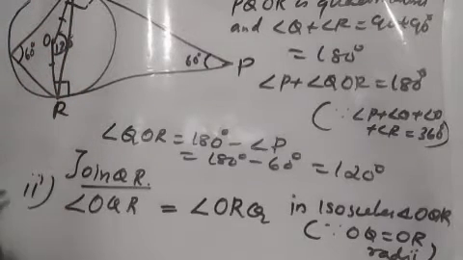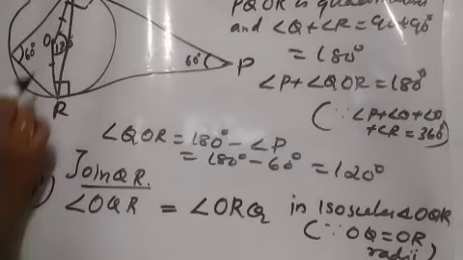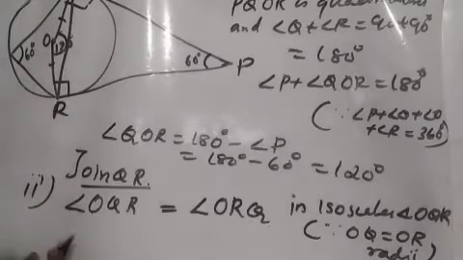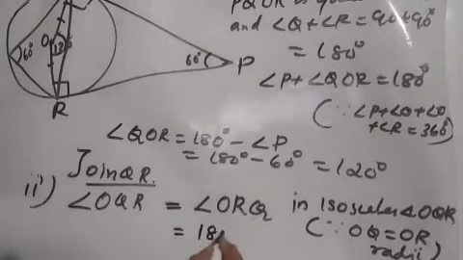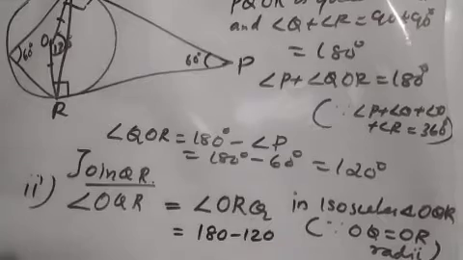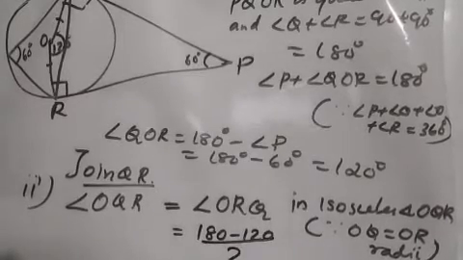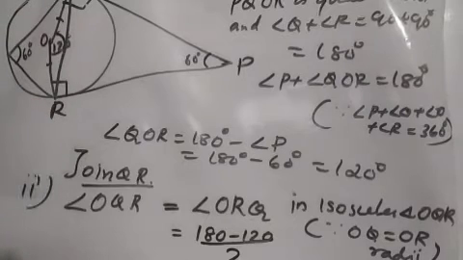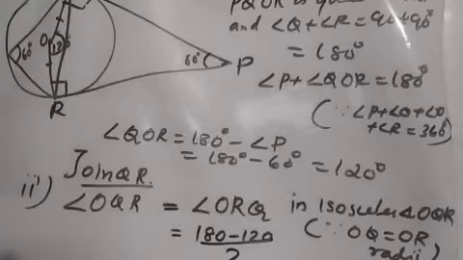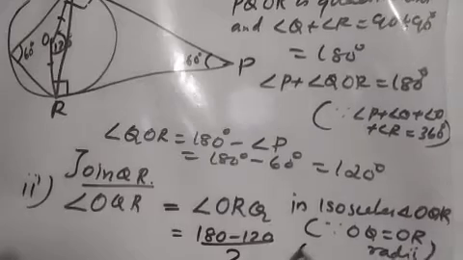What is remaining in this triangle? Sum of the angles of the triangle is 180 degrees. So one angle is 120. What is remaining? Yes, 180 minus 120 and take it into half, because these two remaining angles are equal, no? So we have to divide it equally. 180 minus 120 by 2.